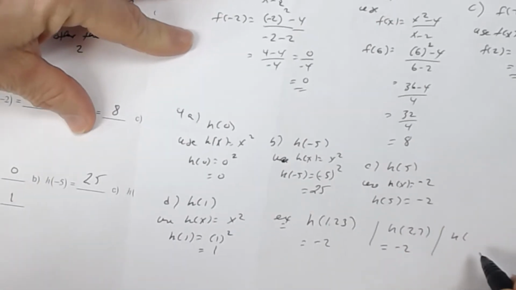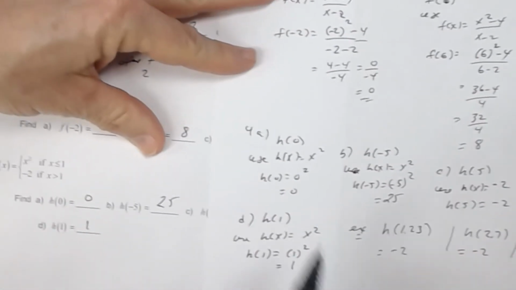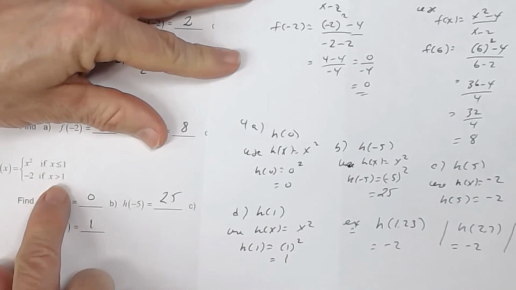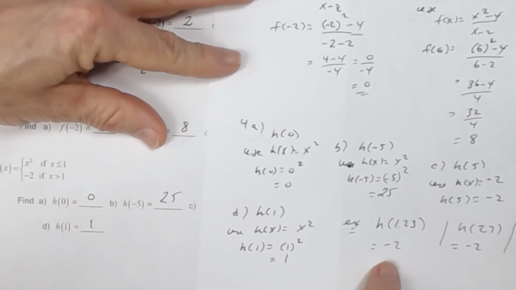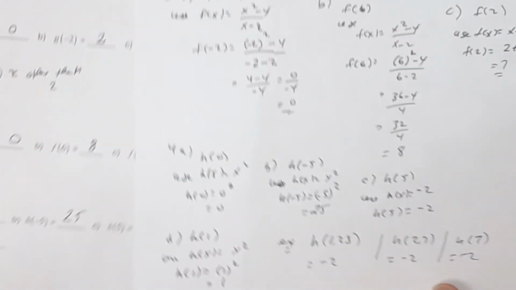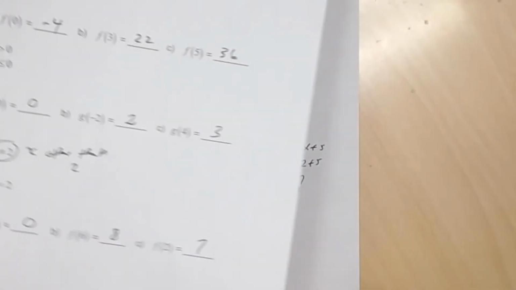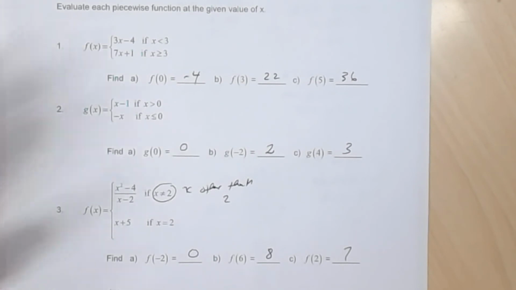What is h of 7? Negative 2, right? Okay, so as long as your x value is greater than 1, your y value is always going to equal negative 2, just like you saw here. All right, so that's the key to the worksheet dealing with evaluating piecewise functions.